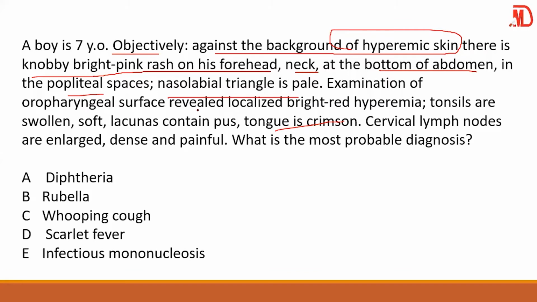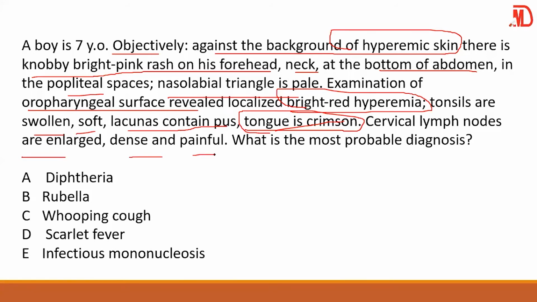Examination revealed bright red hyperemia of the oropharyngeal surface. Tonsils are swollen, soft, lacunae contain pus. Tongue is crimson. Cervical lymph nodes are enlarged, dense, and painful. What are you thinking about?